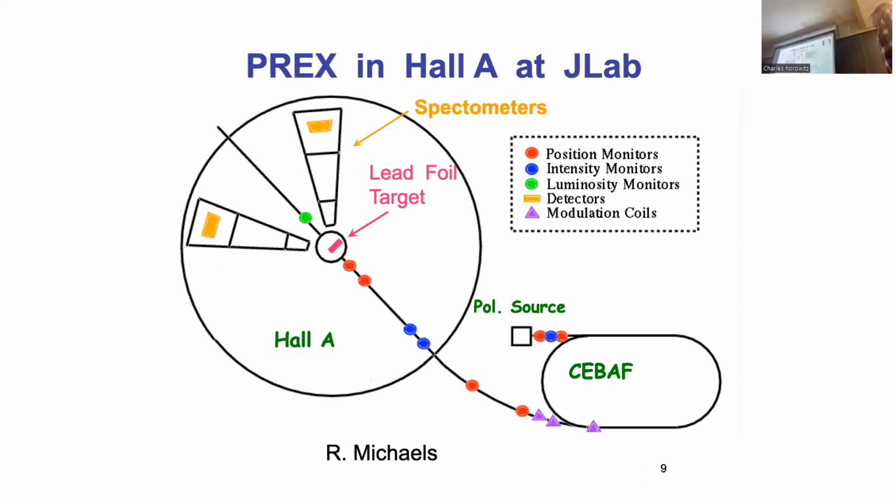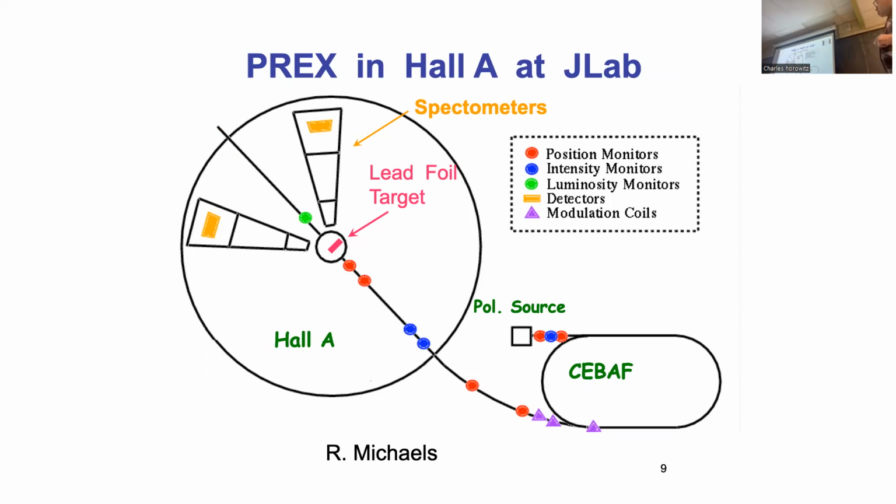Okay, doing the experiment involves essentially all of Jefferson Laboratory. Intense polarized electron source, you accelerate the electrons to 1 GeV, direct them on a target. It's a thick, 0.5 millimeter thick lead foil target.